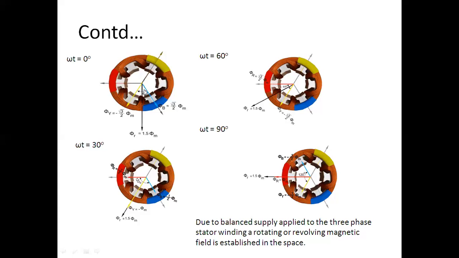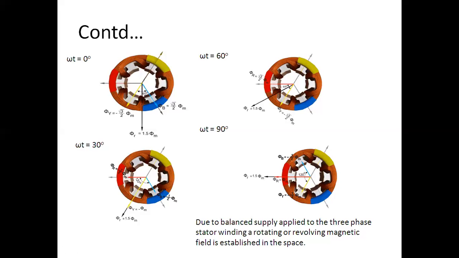For omega t equal to 0, it is there. For omega t equal to 30 degrees, it is rotated by 30 degrees, keeping the magnitude the same. For omega t equal to 60 degrees, it is again rotated by 30 degrees, keeping the magnitude the same. And for omega t equal to 90 degrees, it is rotated by 30 degrees, again in the clockwise direction, keeping the magnitude the same.